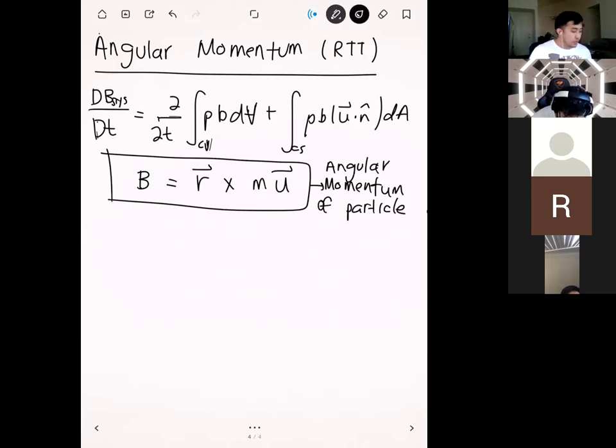And so just like we always do, now that we have a big B, or actually let me label these. Okay? And so this is a distance vector from the particle to the axis of rotation.